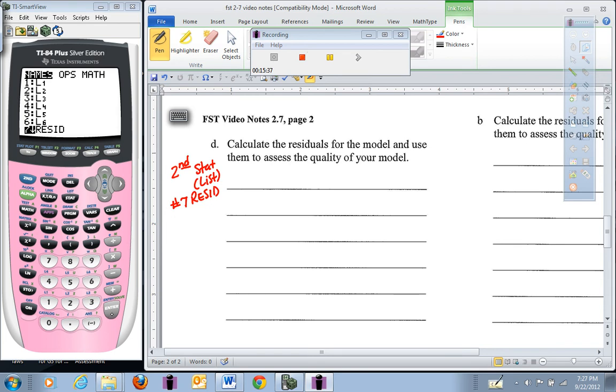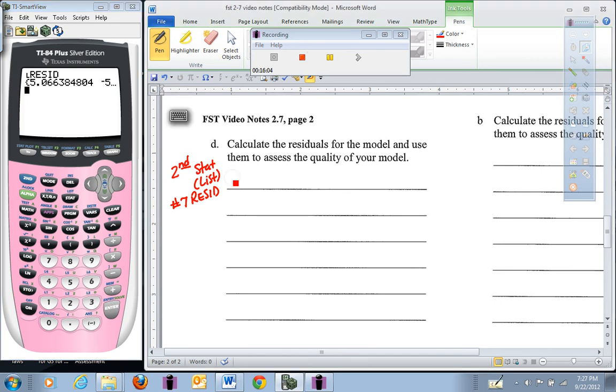So I'm going to go ahead and hit enter on that. Oops. Okay, hang on. Let's get out of this screen and let's be on a clear blank screen. Let's go second list, number 7, and then we want the residuals for what we just calculated, the last thing that was just calculated. So I'm going to hit enter, and it's going to give me these residuals. Okay?